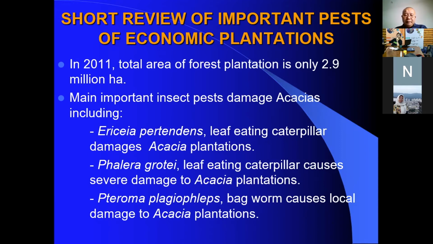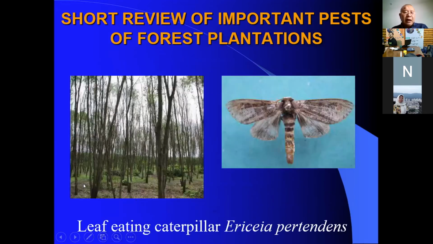Now it has expanded to others. The third one is Bacteroma, a bagworm, causing local damage to acacia plantation. Here is a big picture of Ericeia pertendens. It makes the outbreak on Acacia auriculiformis in Vietnam, at first in central Vietnam, now expanding to many locations in Vietnam.